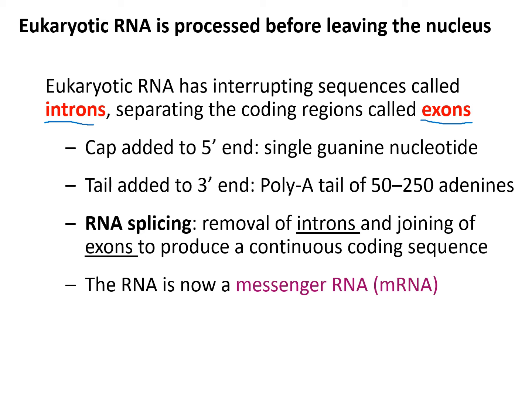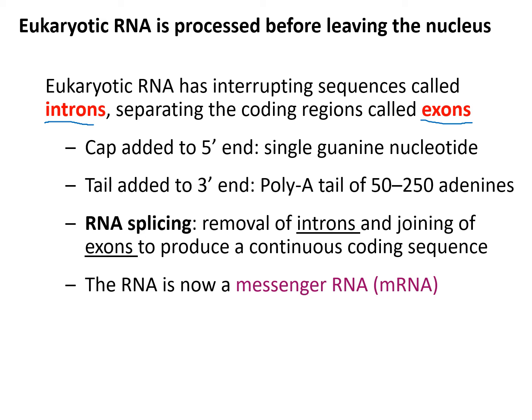So you can have a little degradation on the front end or the back end, and I guess mostly the degradation happens more on the end where the poly A tail is, and that helps to keep the sequence from being fully degraded.